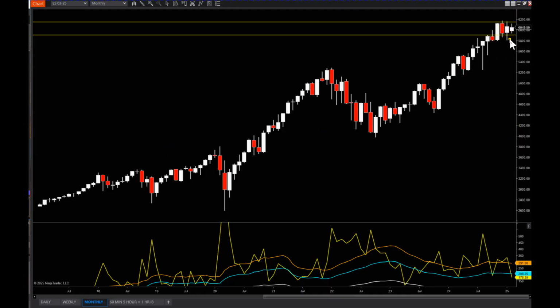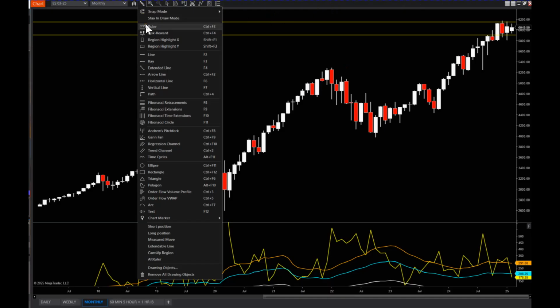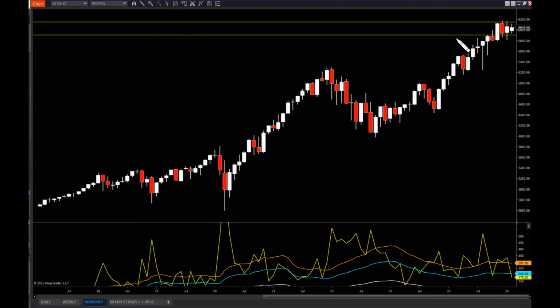But if we break down, then it's going to run from 208 points up to 291 points. So the difference between 291 and 208.25 is 82.75 points. So you're going to go 82.75 above or below these levels as an opportunity.